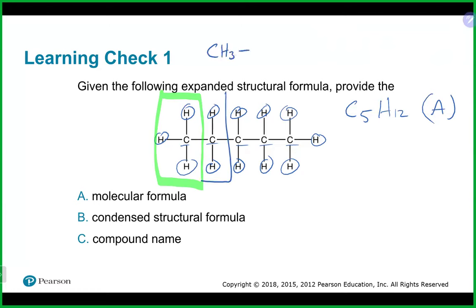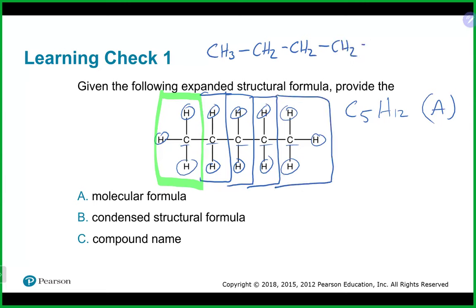Next, we have a carbon and 2 hydrogens. That's a CH2. Next to that is a carbon and 2 more hydrogens, a CH2. Next to that is another carbon and 2 hydrogens, a CH2, and at the end, a carbon with 3 hydrogens, CH3. That would be your condensed structural formula.